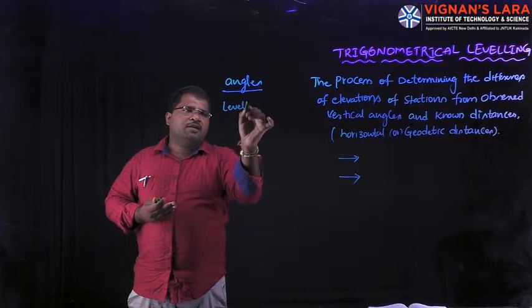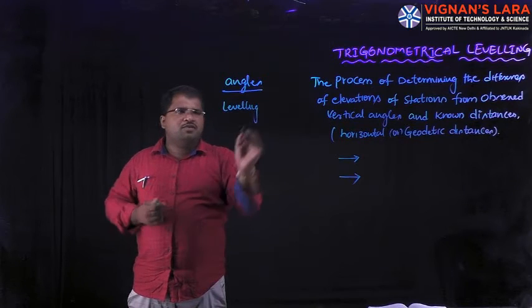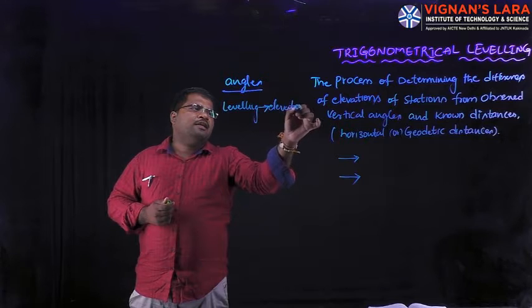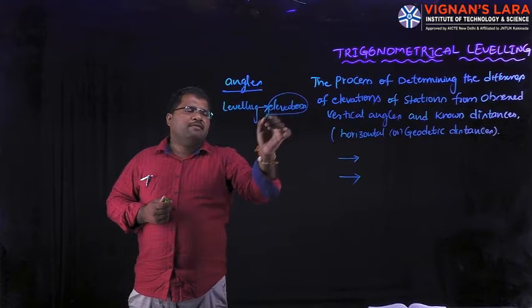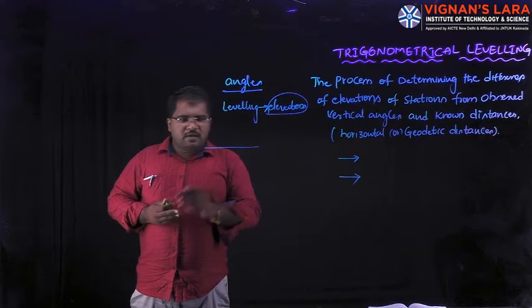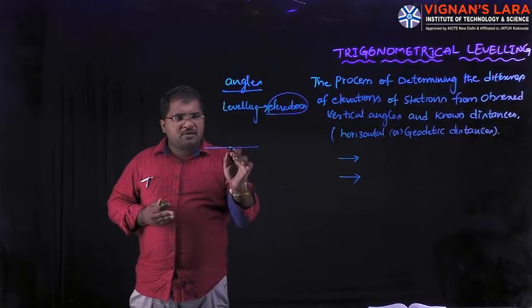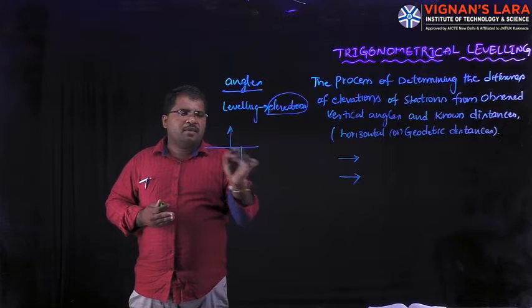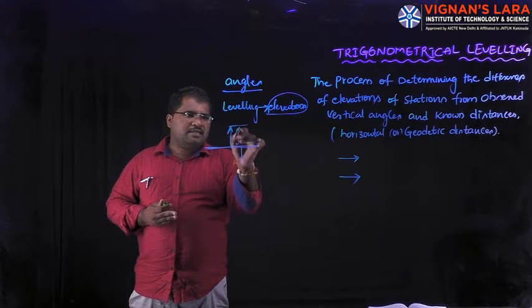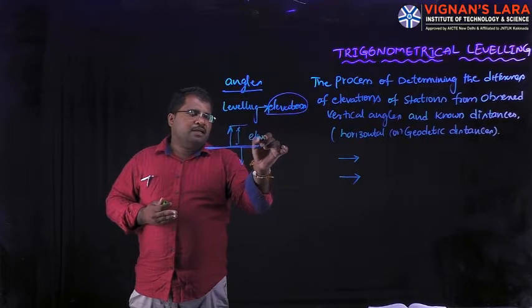You are going to do the leveling. After doing the leveling, what value are you going to get? You are going to get the elevations. Leveling is done to find out the elevation. That means the location of a point which is above or below the horizontal or earth surface. That vertical distance is called the elevation.